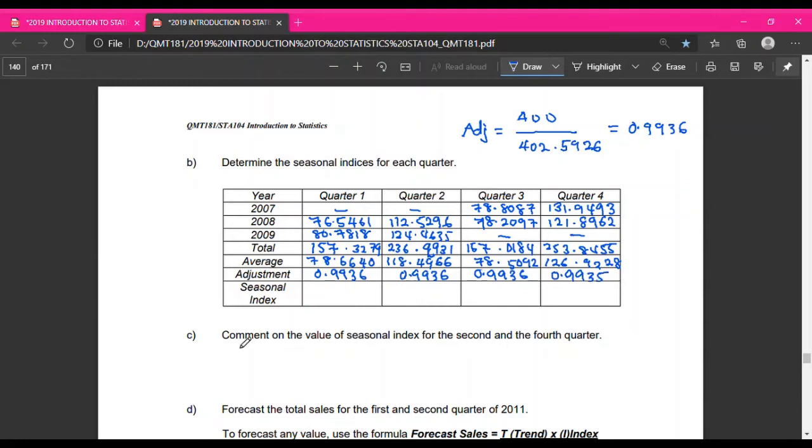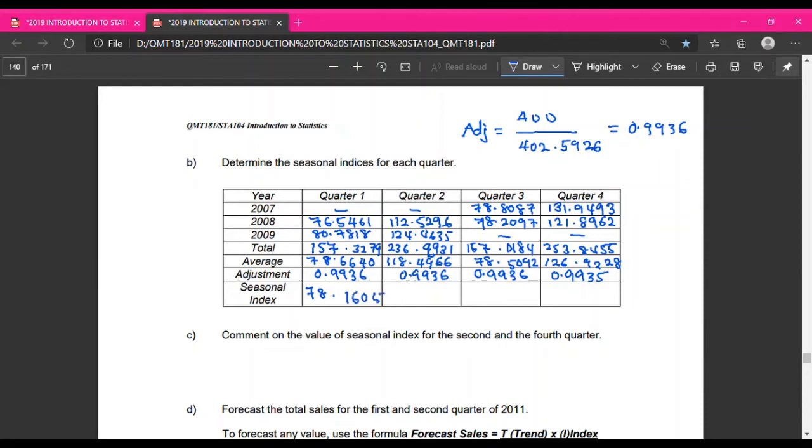Okay, so time to find the seasonal index, which is the average multiply the adjustment. So 78.664 multiply dengan 0.9936. So the answer will be 78.1605.